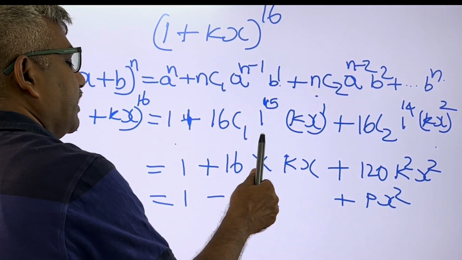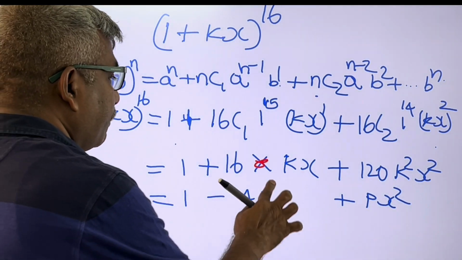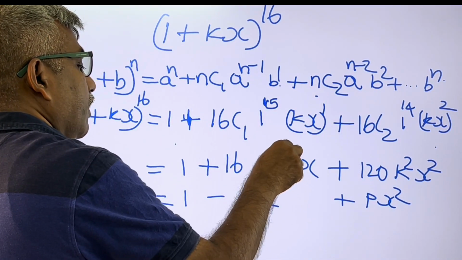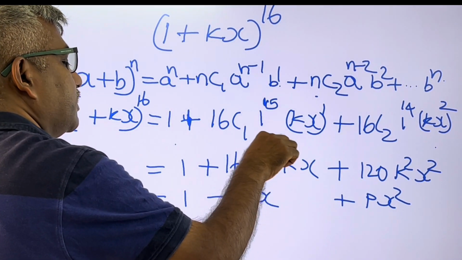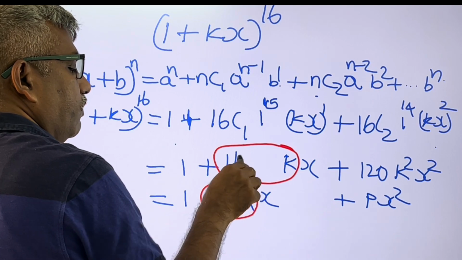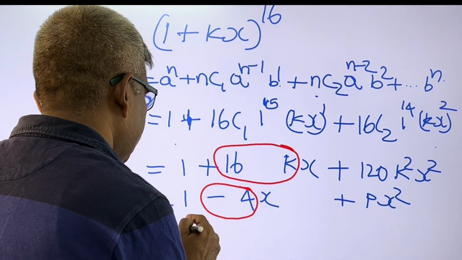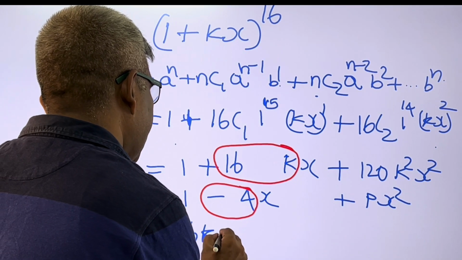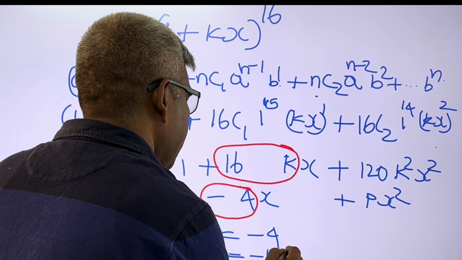Okay, now 16k. This 16k compared with minus 4, you will get the k value. 16k is equal to minus 4, so k is equal to minus 4 by 16.